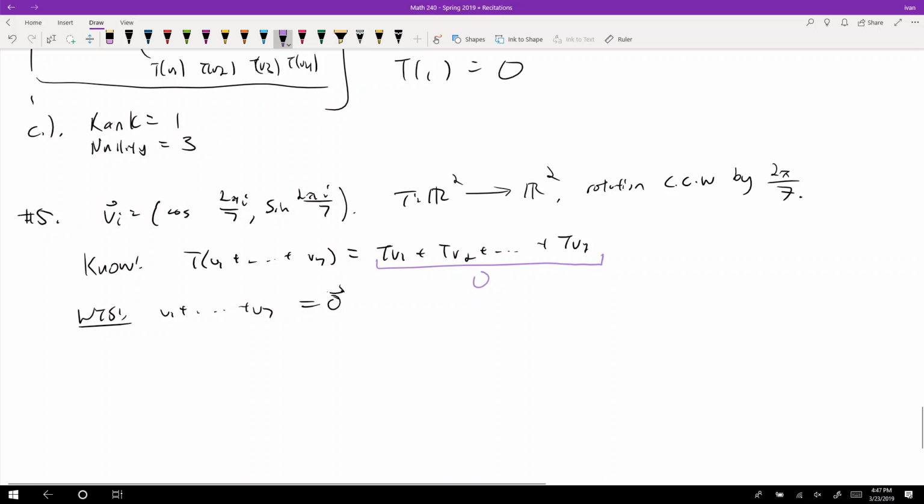So what we're really making is an argument for the kernel, and that the kernel has to be the 0 vector. Because if T is a rotation matrix, then T of V1, V2 through V7 is the same thing as V1 plus V2 plus V3 through V7.